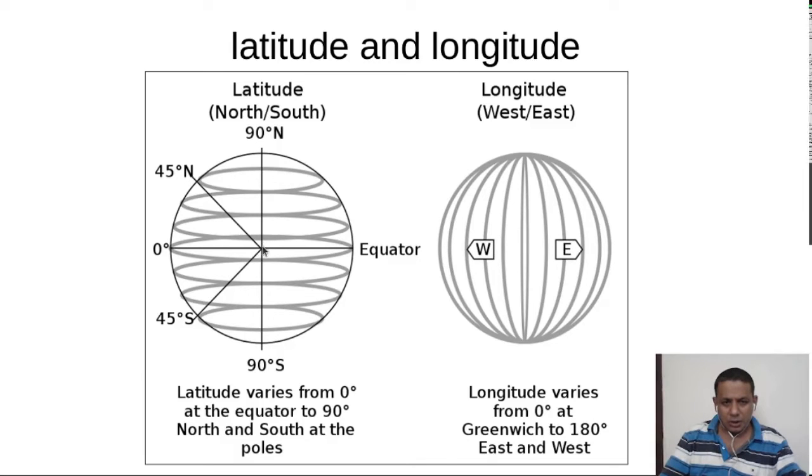Towards north it is specified by plus 90 degrees, and towards south it is specified by minus 90 degrees. A geostationary satellite will move through the equatorial line, so the latitude angle at the equator will be 0 degrees.